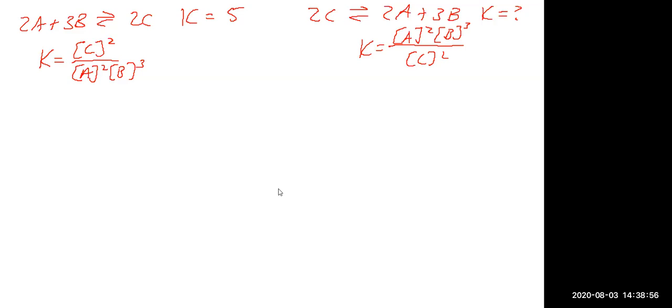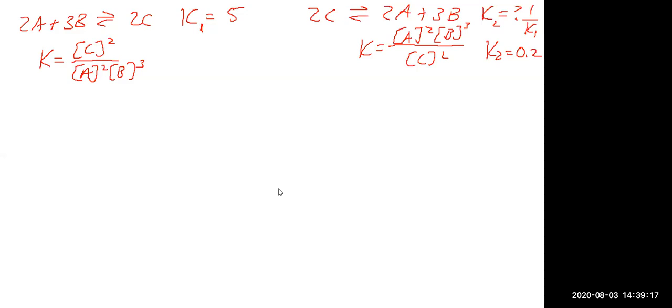Now, the difference between those two is they are the inverse of each other, right? The 1 over. So if this is K1, for K2 in this case, we would take 1 over the K value here. And in this particular case, the K value for this guy would be 0.2.